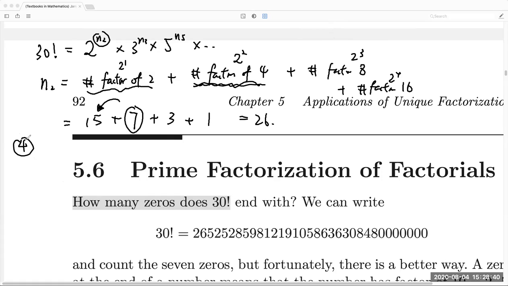So in terms of n2, you count it once here, and you count it once here. So you don't double count. Okay. So the answer should be 26.